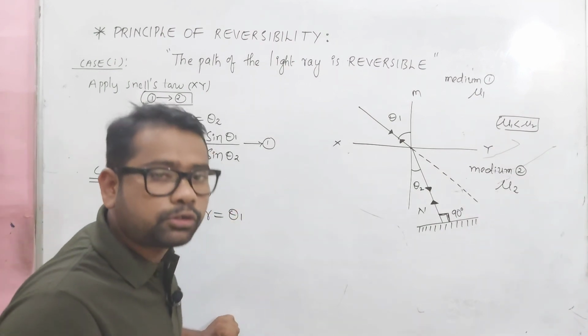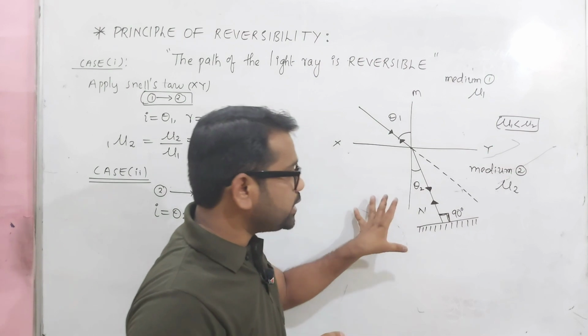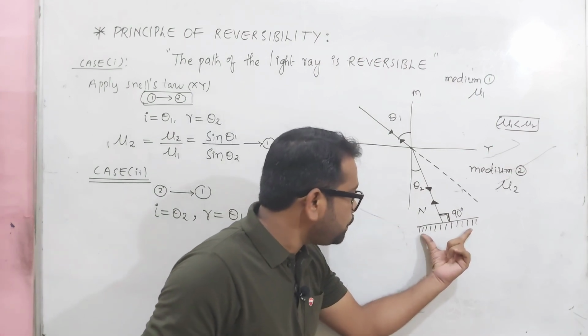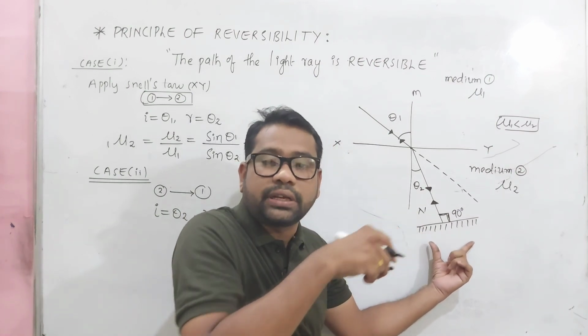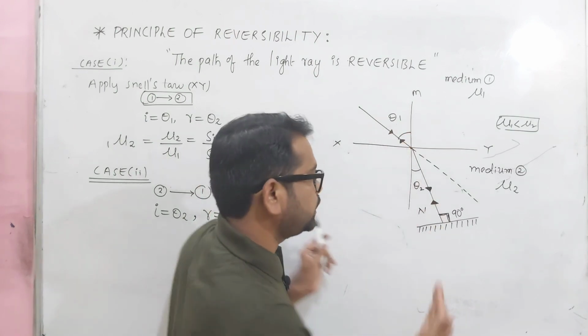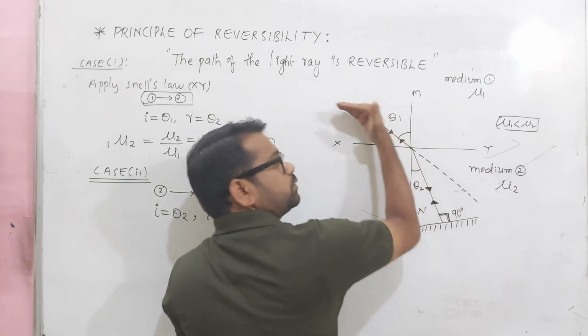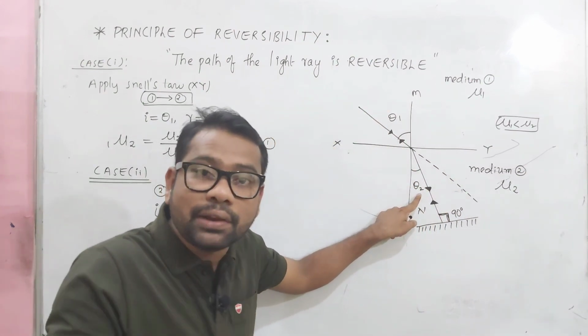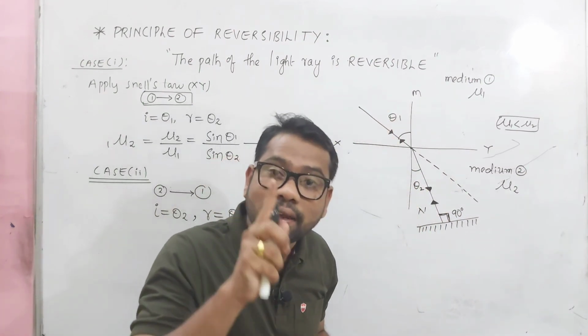Children, this is what we have to notice. As we are putting the plane mirror perpendicular to the path of the refracted ray, its path is retraced. Now, in the second case, imagine the light is going from medium 2 to medium 1. So, theta 2 will become the angle of incidence, and theta 1 will become the angle of refraction.